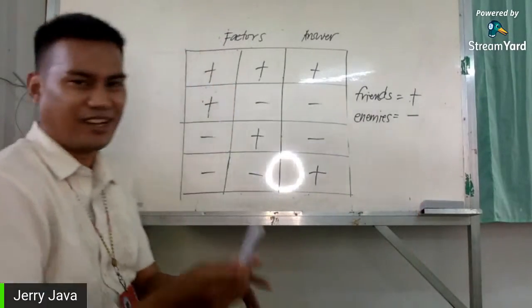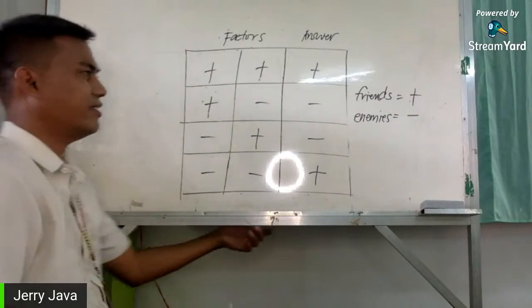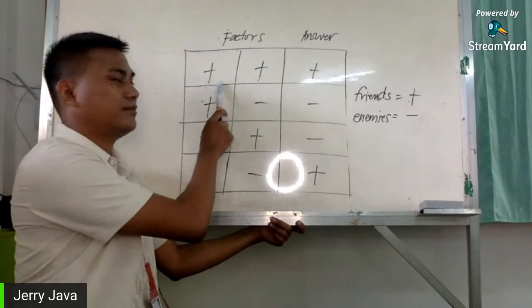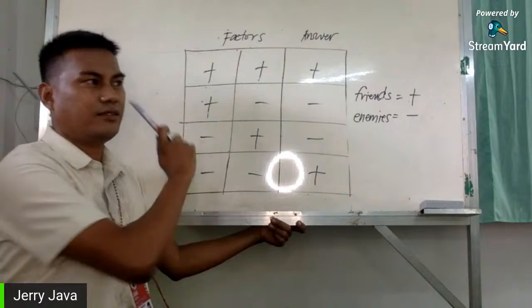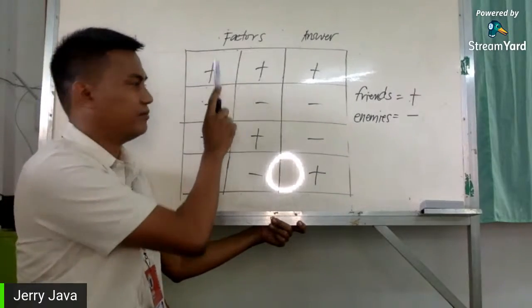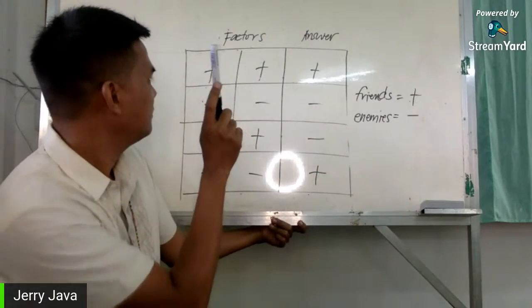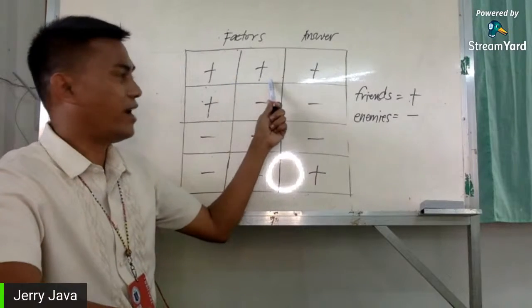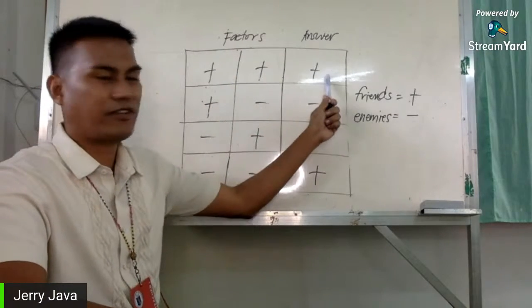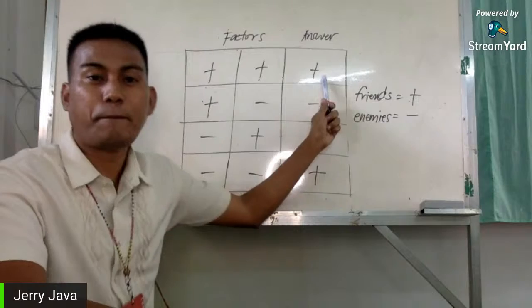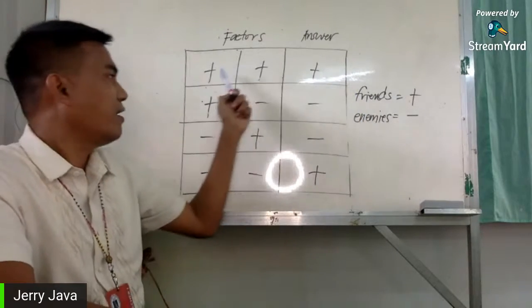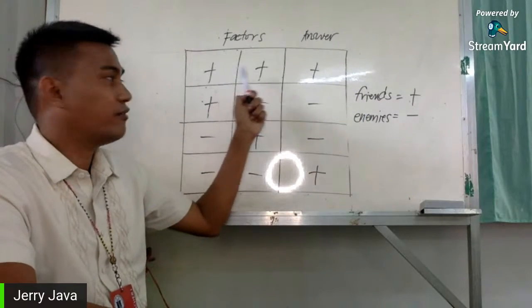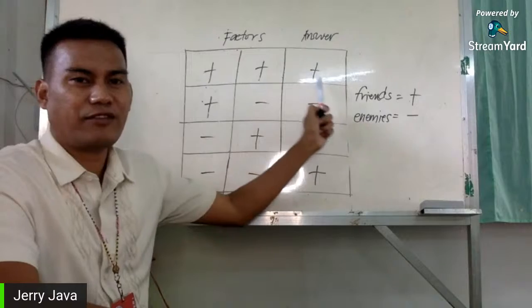Okay, here, listen. My friend's friend is my friend. Repeat after me. My friend's friend is my friend.